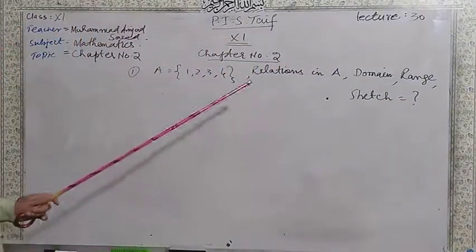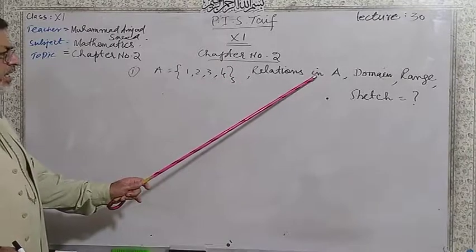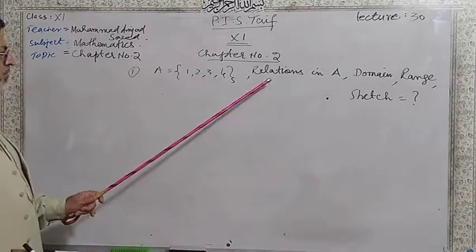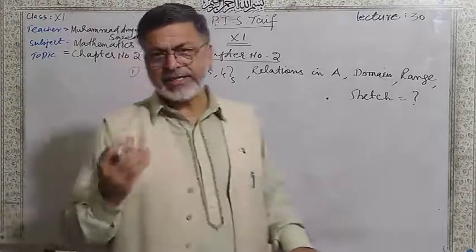So in this question, first of all we have to find the relations in A which are given. We have to tabulate them.